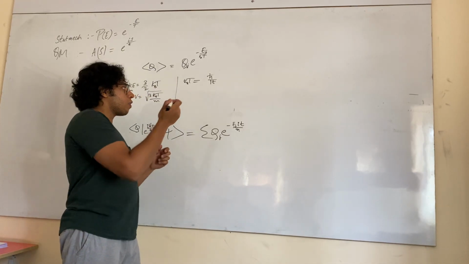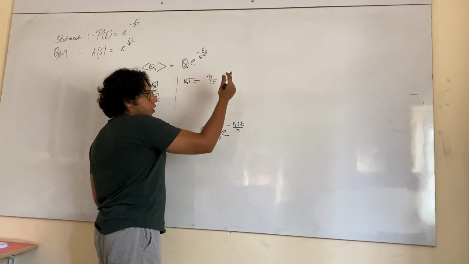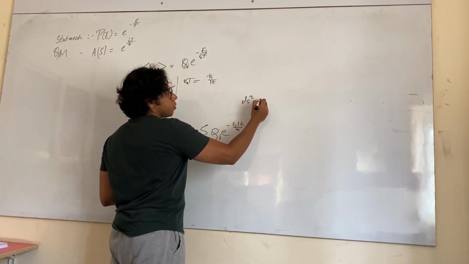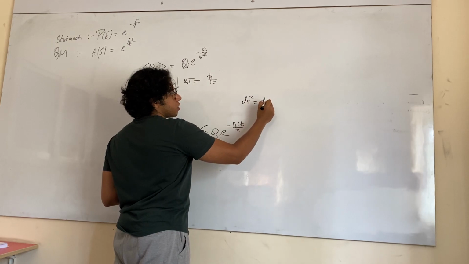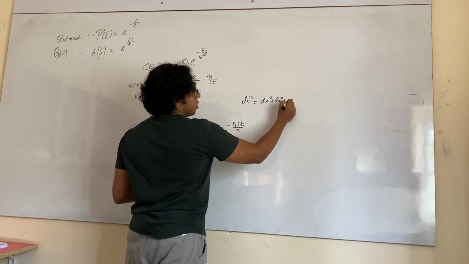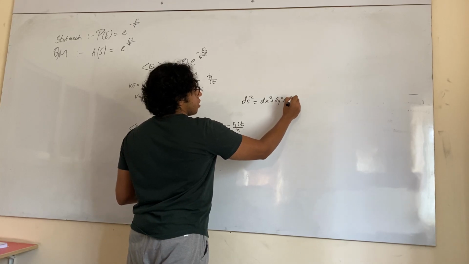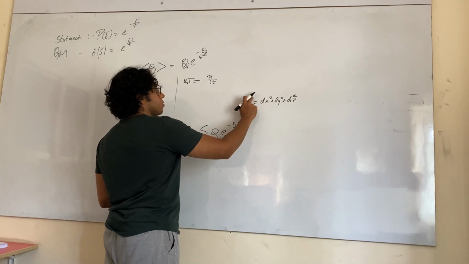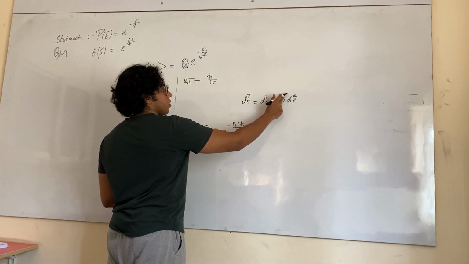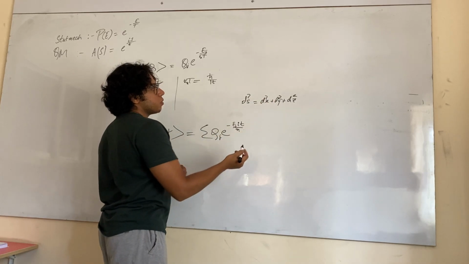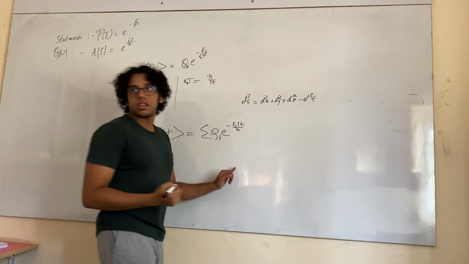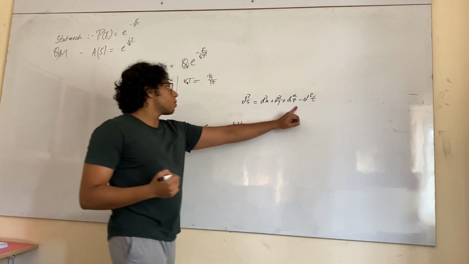The idea is you have your dx square equal to dx square plus dy square plus dz square, minus dt square.